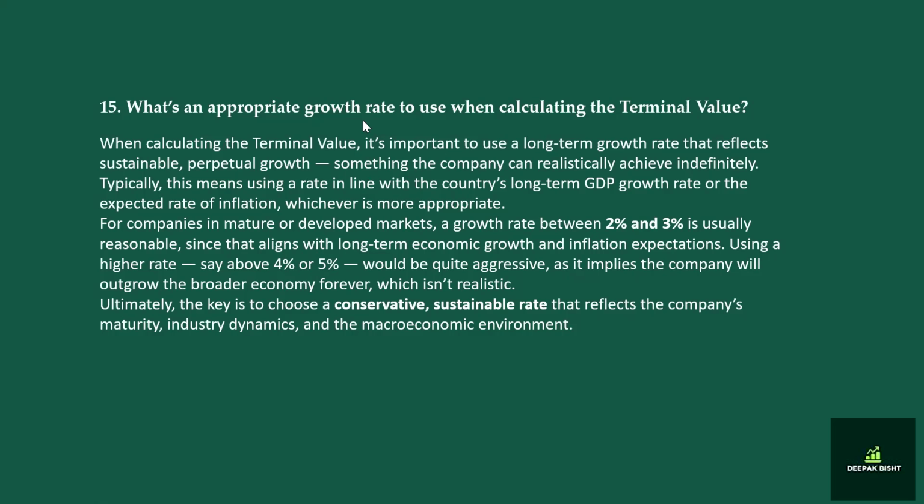That's why the growth rate should be between 2 to 3% for developed markets and 3 to 5% for developing economies. And this could be zero also. Just read through this for a moment.